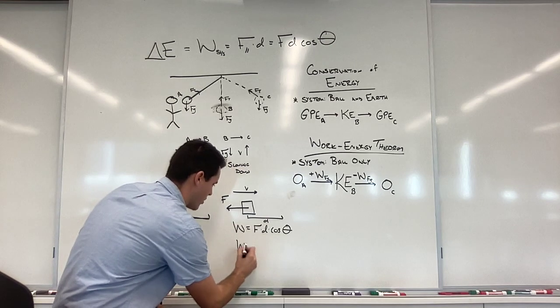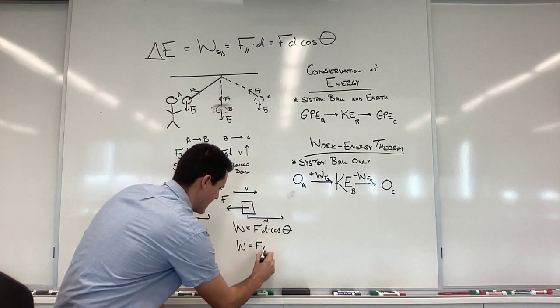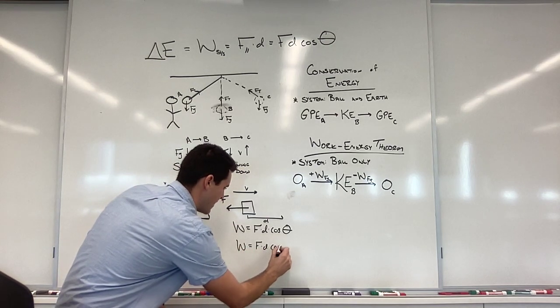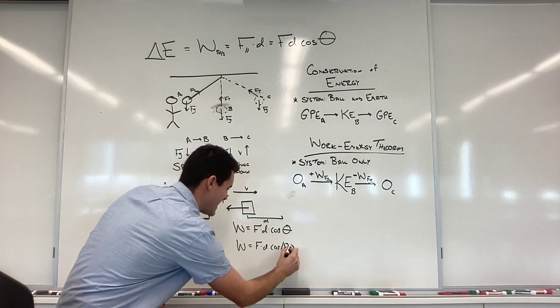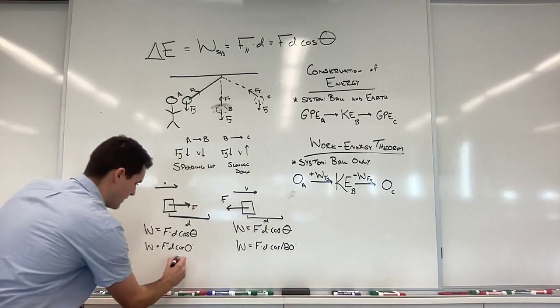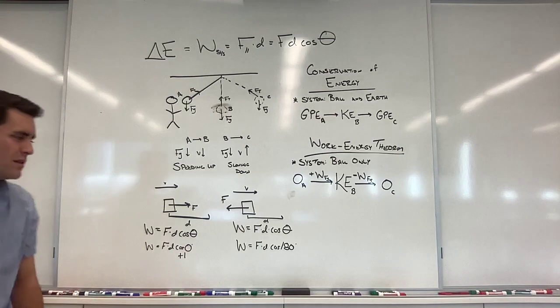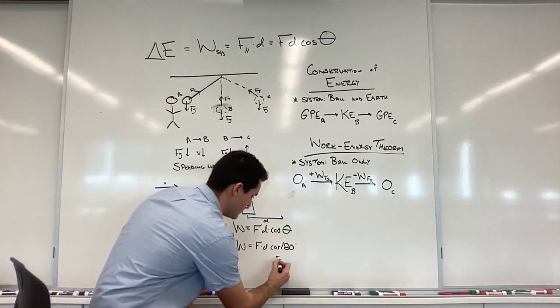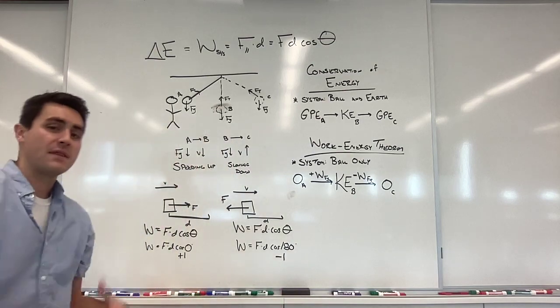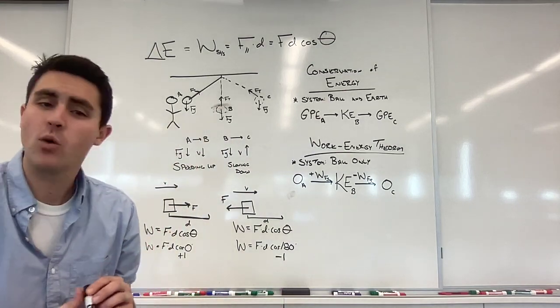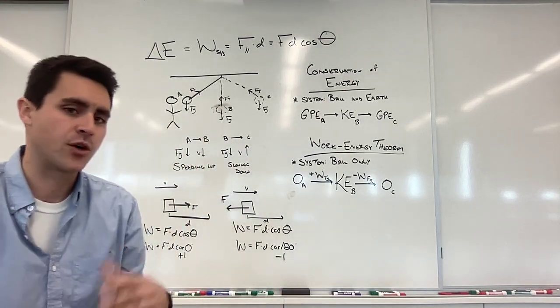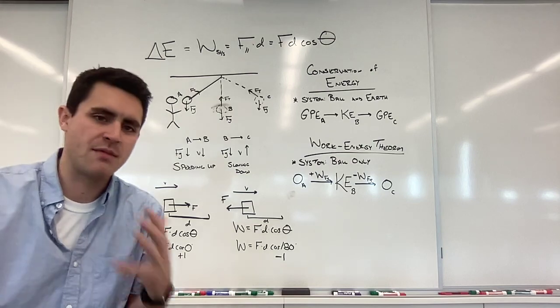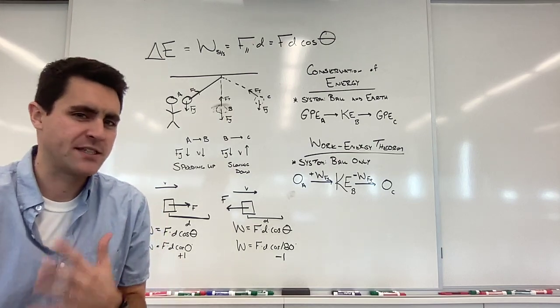I end up with work being equal to F times d cosine of 180 degrees. The cosine of 180 degrees is negative 1. This means my work term will end up negative. This term will be decreasing mechanical energy from my system.